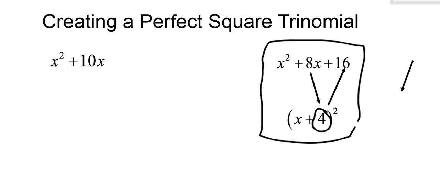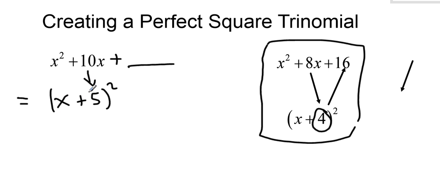So let's go ahead and see if we can create a perfect square trinomial. In other words, give me a number to put here so that this expression is a perfect square trinomial. So in order to do that, we're going to factor. What's half of positive 10? Positive 5. Square that, and I get 25. This is a perfect square trinomial, and it factors into this binomial squared.